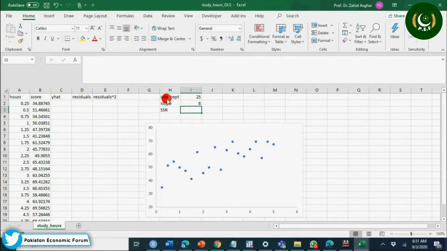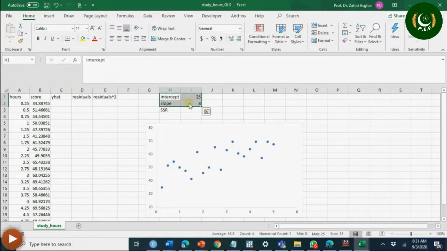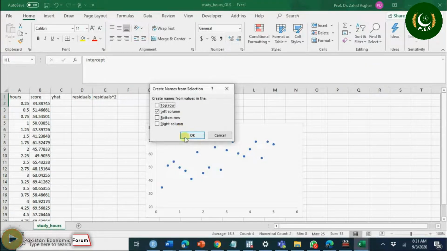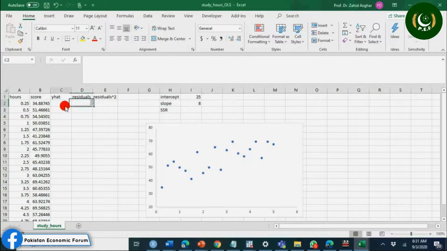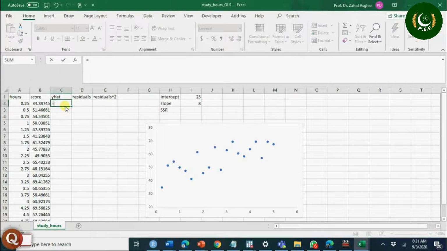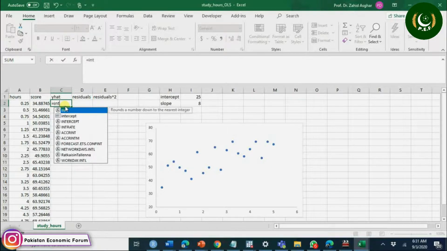Now, take Control F3 and you can name it from the left column. Okay, instead of giving absolute references, I am going to use names. Intercept. Okay, fine.